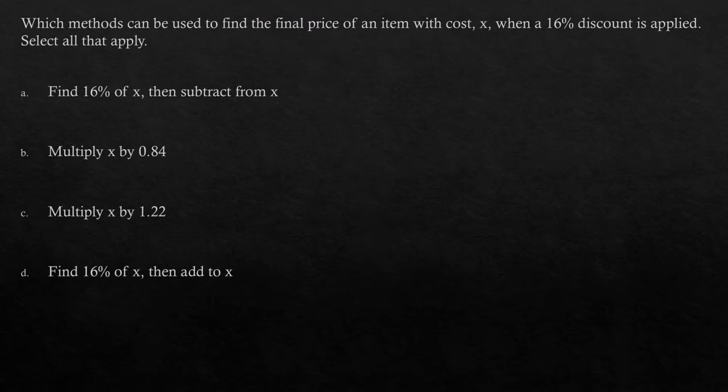All right, which method can be used to find the final price of an item with cost x when a 16% discount is applied? Select all that apply. Well, it's a 16% discount, which means I can do 1 - 0.16, which is 16% as a decimal, giving me 0.84, which is what we did on that last problem.